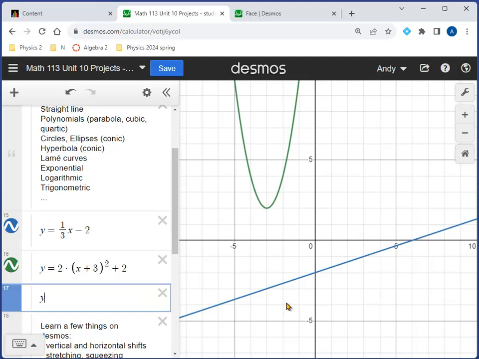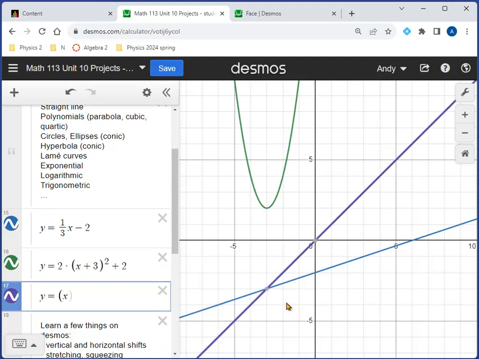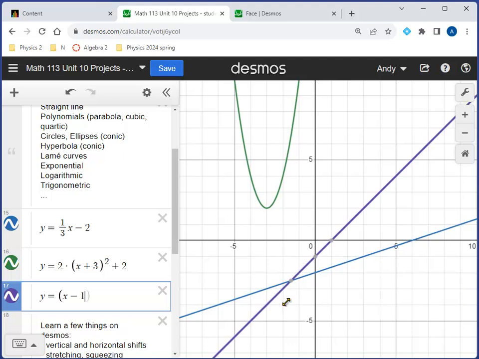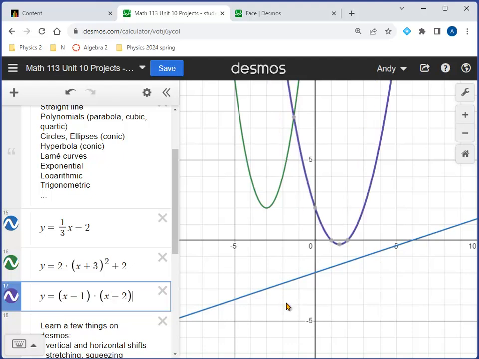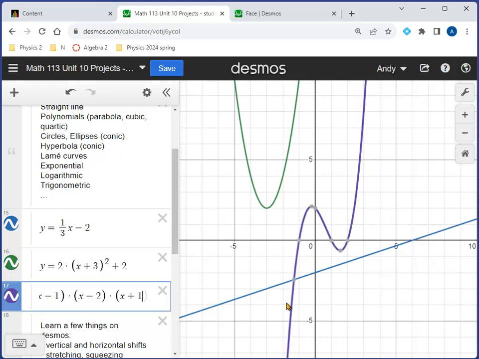So the cubic would be x cubed. And again, I'm going to write it differently because it's going to be a little bit easier for me to type in here. So for example, I have x minus 1 times x minus 2, and each time it actually shows up, there's the parabola again, all right? And now I'm going to make it into a cubic, and I'm going to do x plus 1, and there we go.